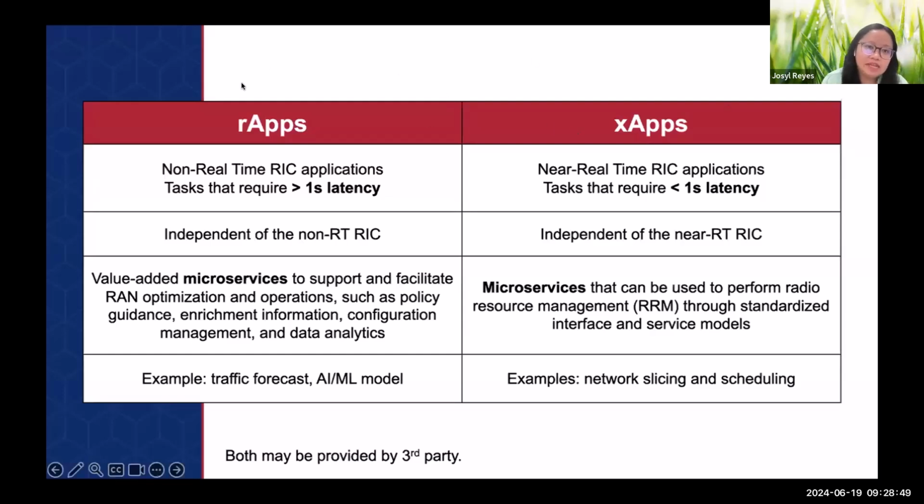So the rApps are applications designed for tasks with more than 1 second of latency. And usually it is separate from the non-real-time RIC, but very close. They are both in the SMO. The purpose of these rApps, and why they are independent, is that they can be open or proprietary.